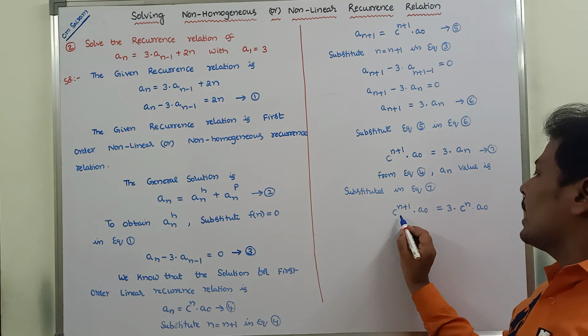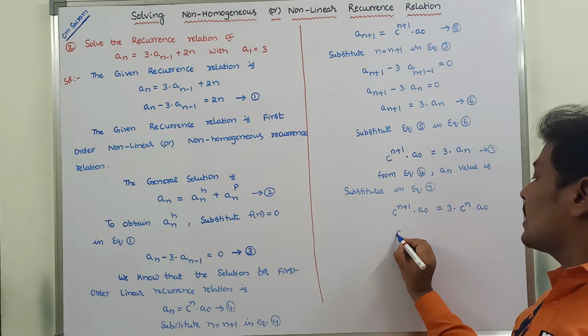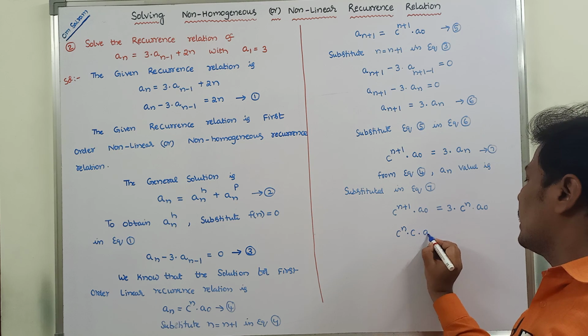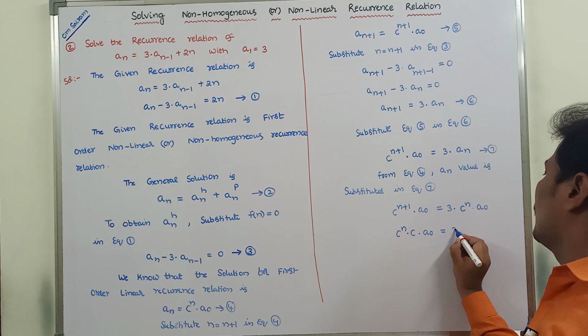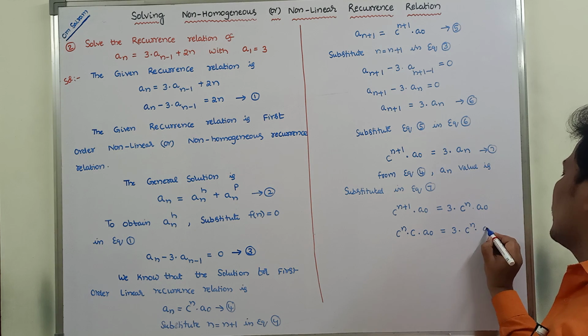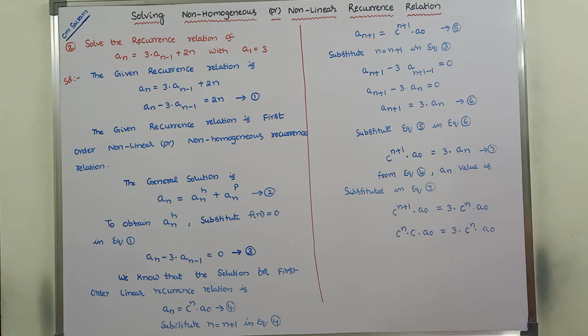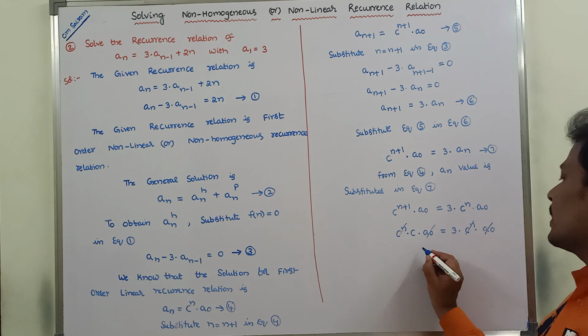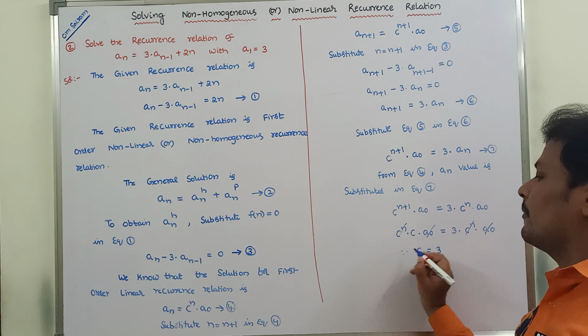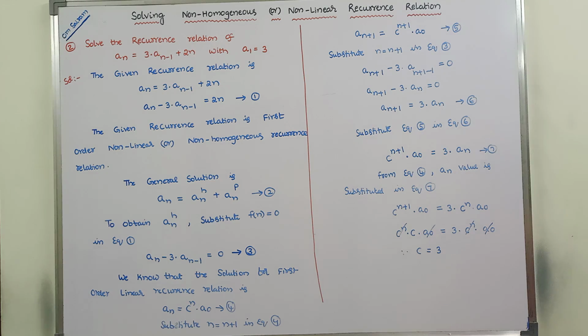Now c power n plus 1 can be written as c power n into c into a naught is equal to 3 into c power n into a naught. Okay, so here a naught value cancels, c power n cancels. So therefore c is equal to 3.